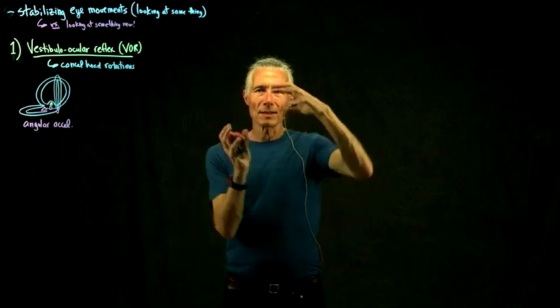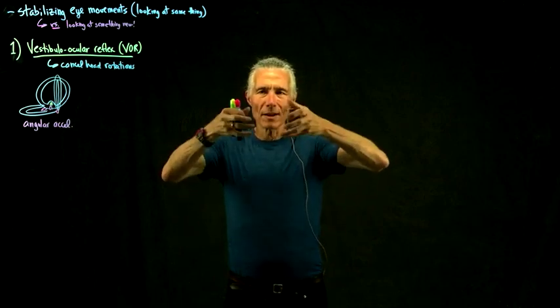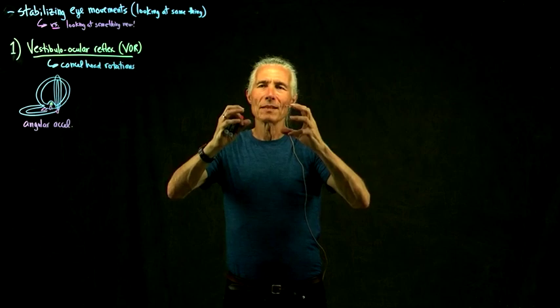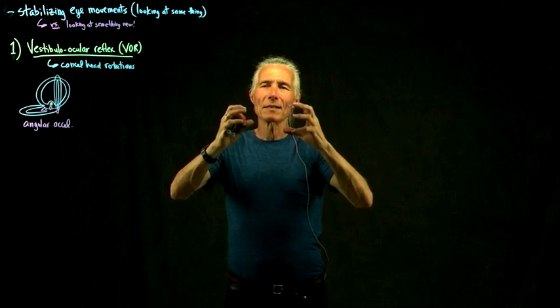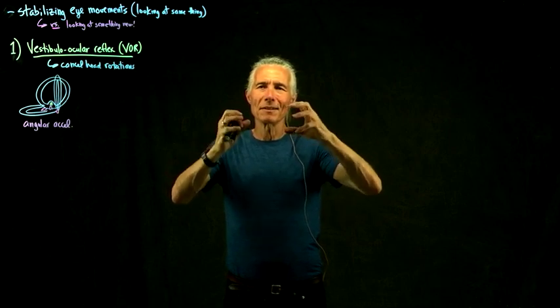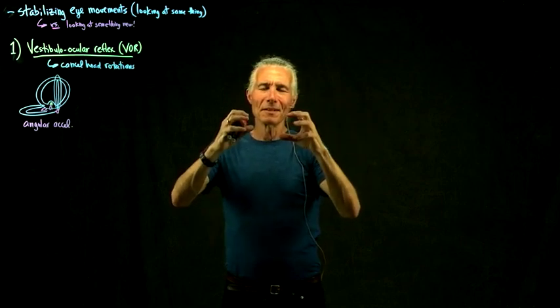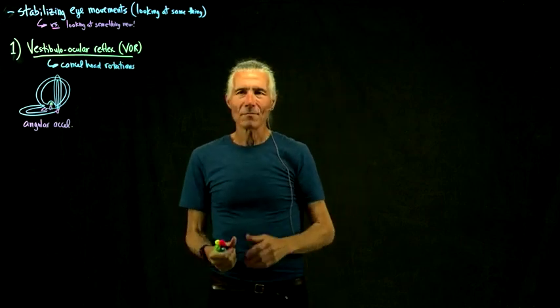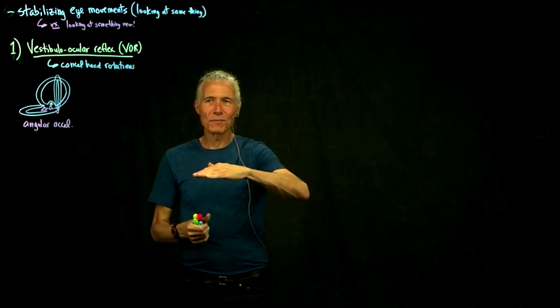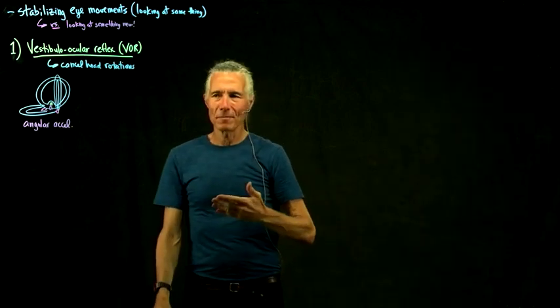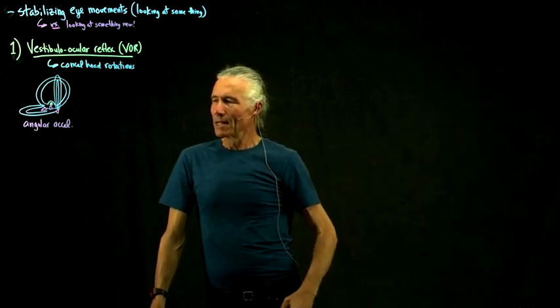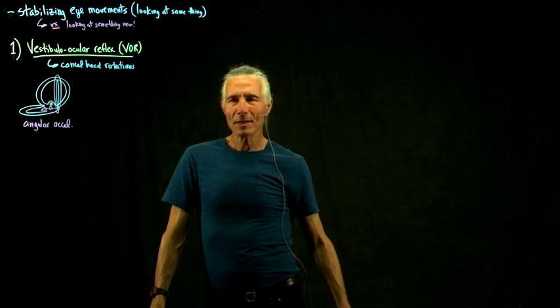You could rotate this way or rotate that way, or what was the last one? Or rotate, so I did this way and then that way and then that way. So you have three different planes of rotation that you can detect. Now, what happens if you rotate your head in some other plane?